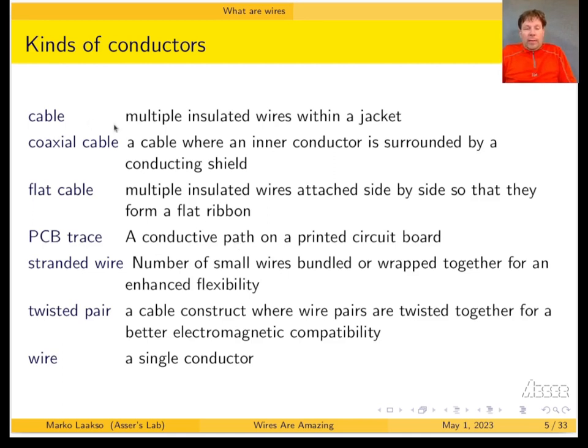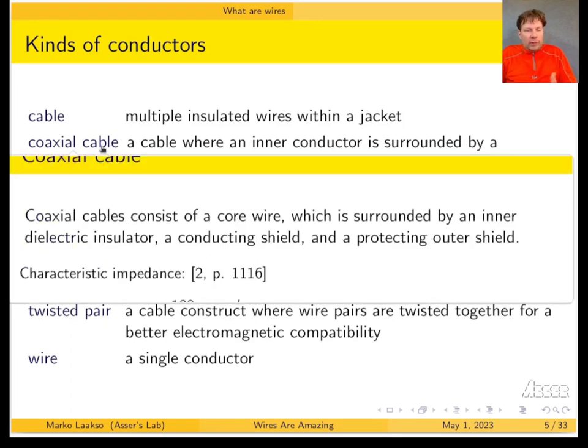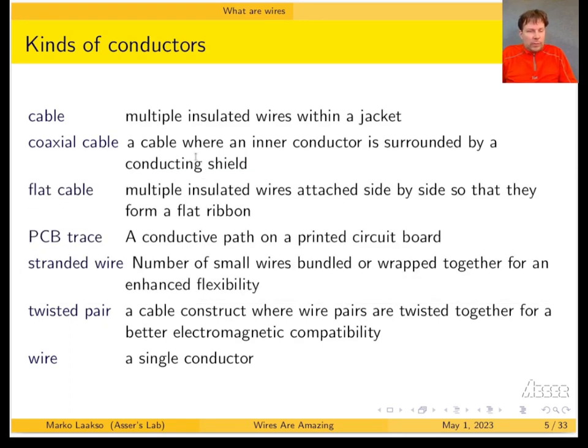A cable refers to multiple insulated wires within a jacket. A coaxial cable is one example of those. It's a cable where an inner conductor is surrounded by a conducting shield. We will discuss coaxial cables soon.